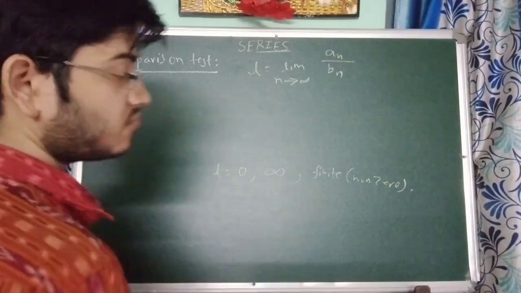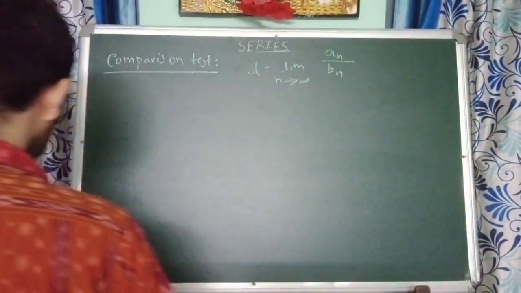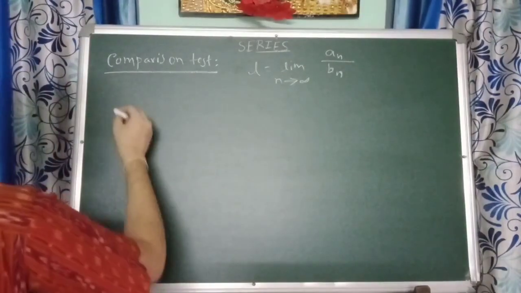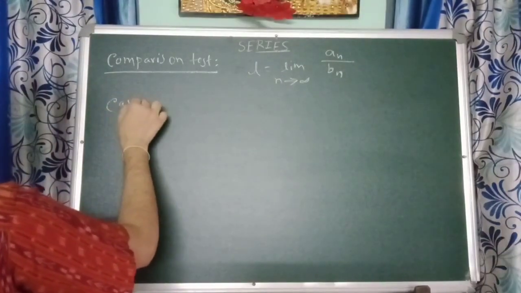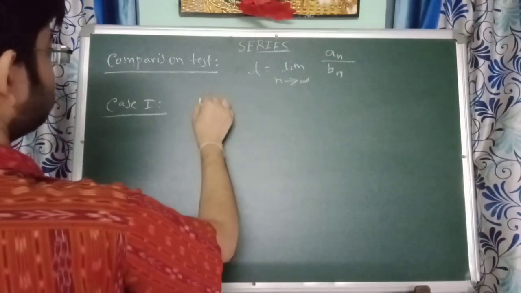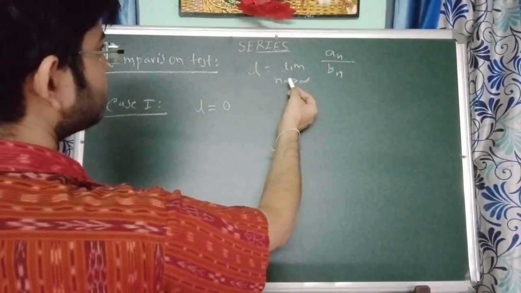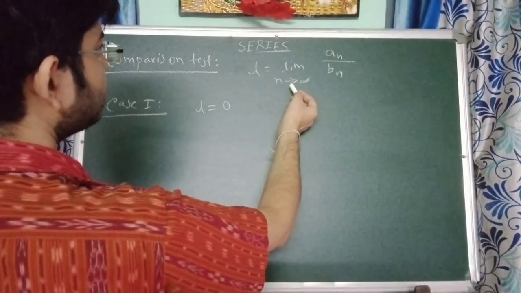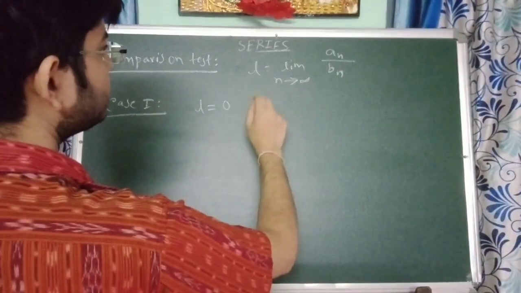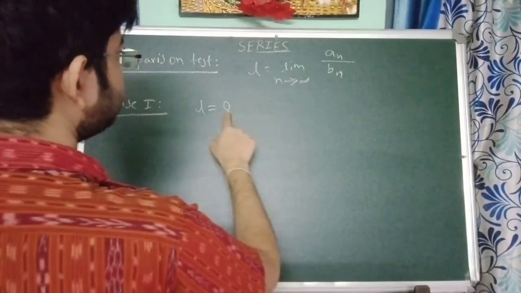So we write one by one here. We consider the following cases. Case number one is when L is 0, that is, the limiting value of a_n by b_n is 0.